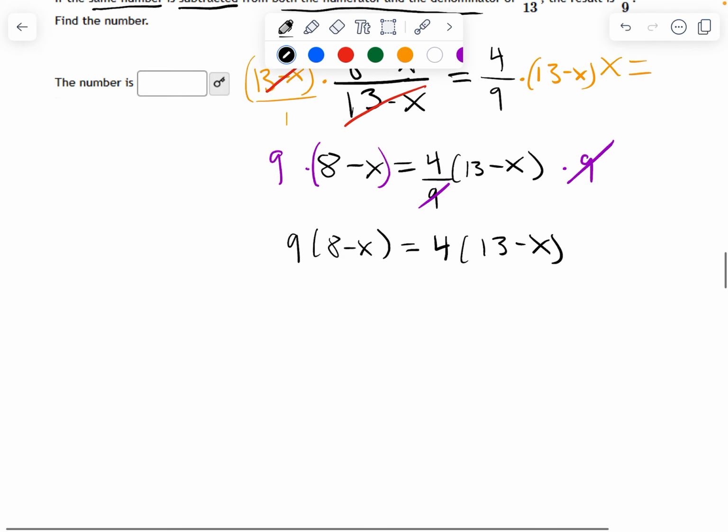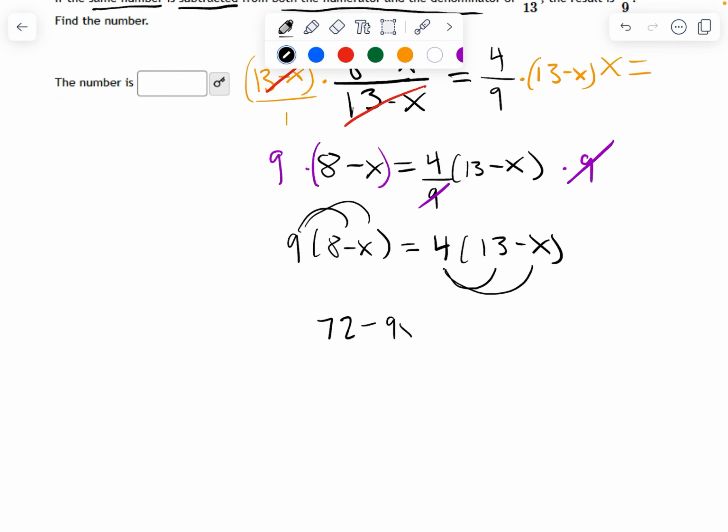Our goal is, again, going to be an x equals. So those parentheses aren't helping us if we need to combine two x's into one. So we get 9 times 8, so 72 minus 9x equals 4 times 13, I believe should be 52, minus 4x. I love having positive x's, so I'm going to add 9x to both sides.